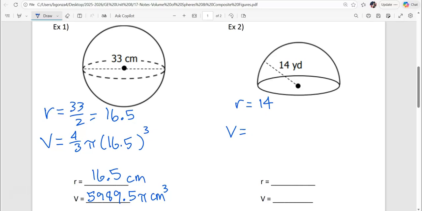And that formula, instead of 4/3, it's going to be 2/3. All right, 2/3 pi r cubed, 14 cubed.